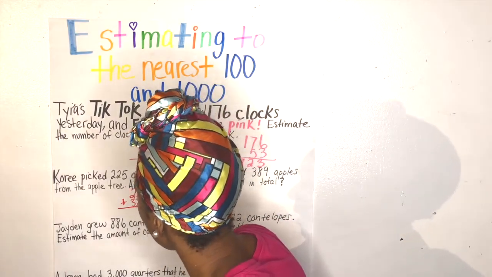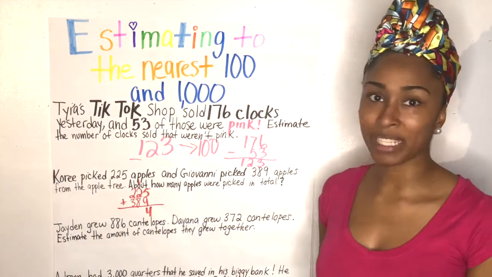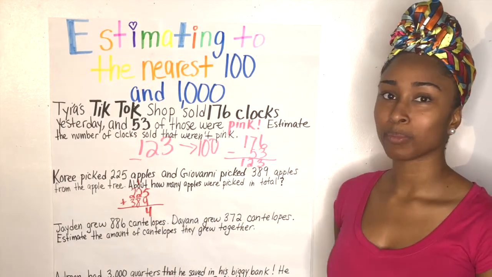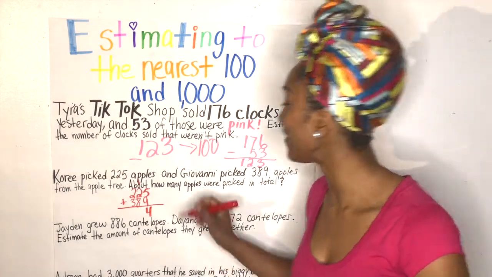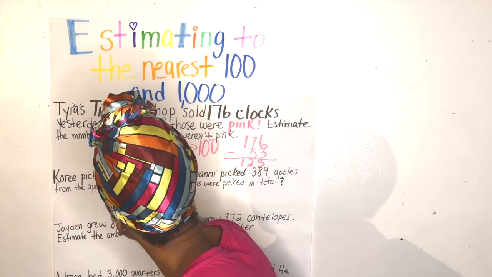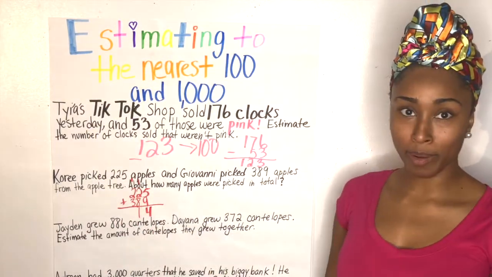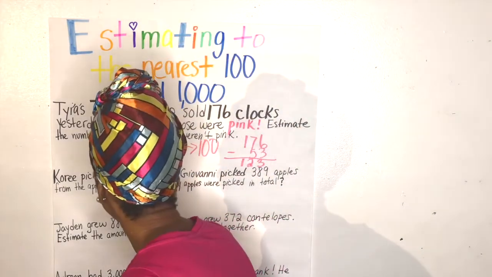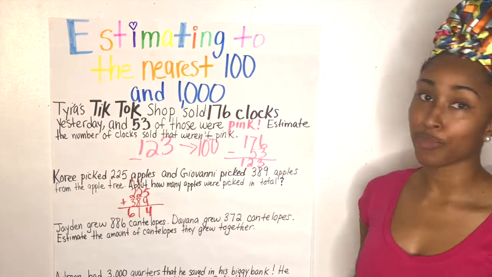Okay, carry over my 1. Now I have 1 plus 2, which is 3. Now 3 plus 8, you count it. Go. 3 plus 8. 11. All right, carry over my 1. 1 plus 2, 3. Plus 3 more, 6. Okay, so I know in total, they picked 614 apples.